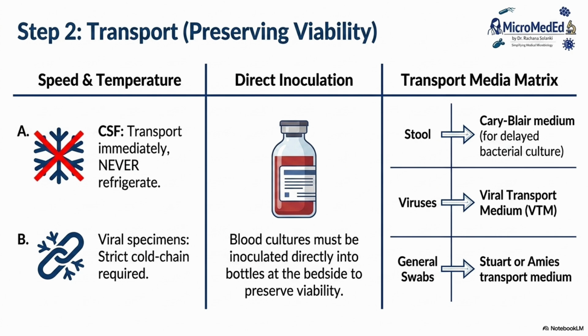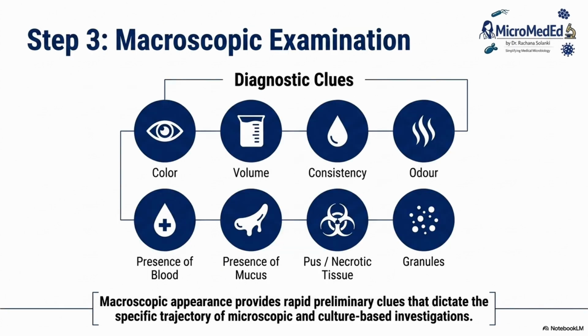Okay, now we understood which sample, how to collect, in which container to collect, how to transport, and the various transport media with the various organisms we have discussed. Now after you have received the sample, you have to check its macroscopic appearance. So you have to check for color, volume, consistency, odor, presence of blood, presence of mucus, pus or necrotic tissue, and granules.